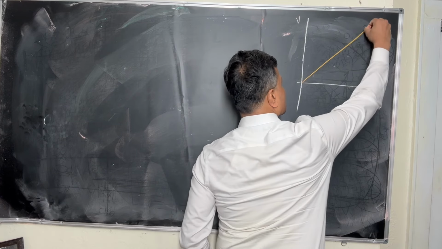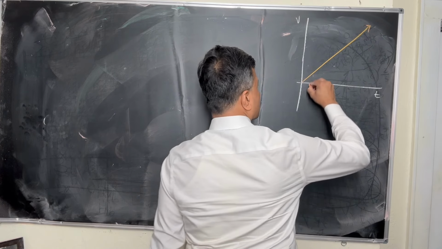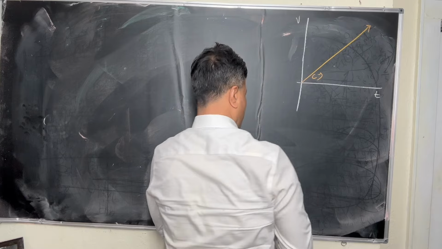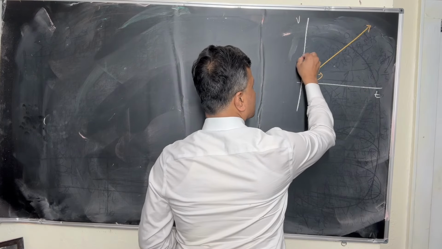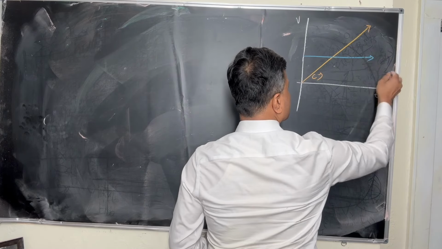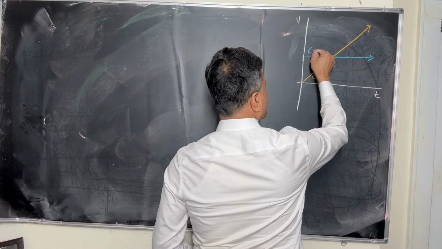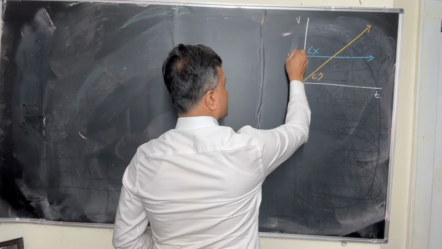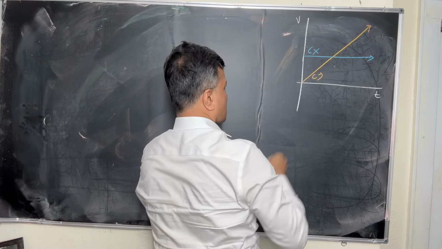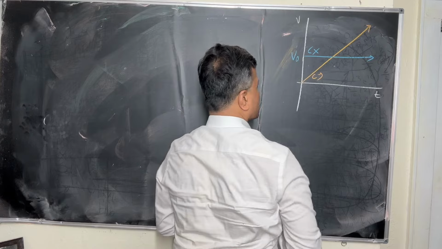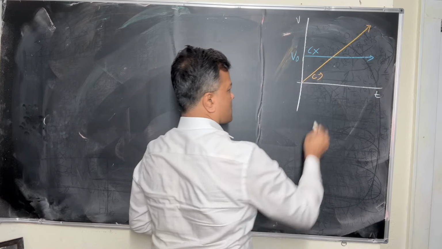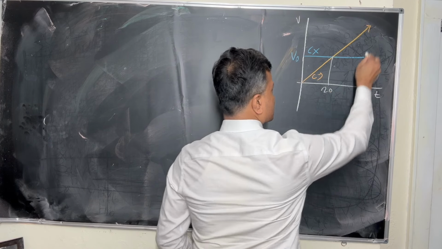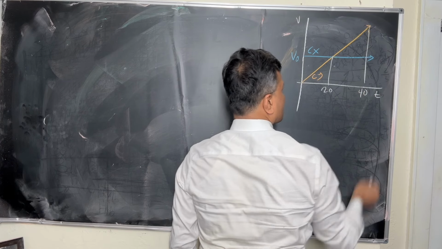This is car Y, and this is car X. So this is V. Car X moves with constant velocity, car Y moves with acceleration. So let's say this is 20, let's say this is 40.